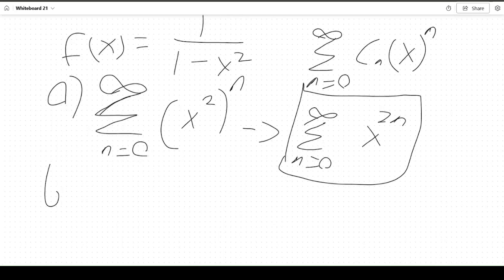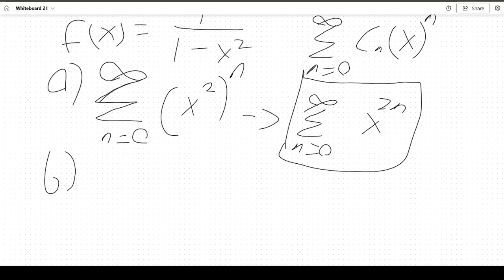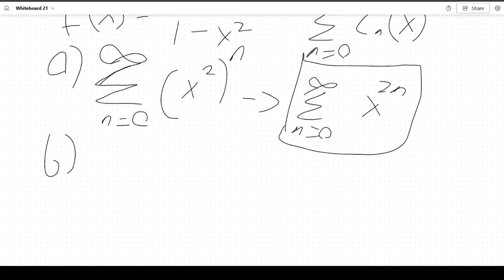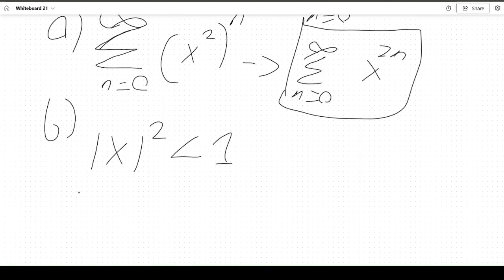And our next step is to find the radius of convergence, because we all got to do that. So to find the radius of convergence, we got to do the absolute value of x to the power of 2 is less than 1, and we have to be left with x. So what method eliminates the squared?